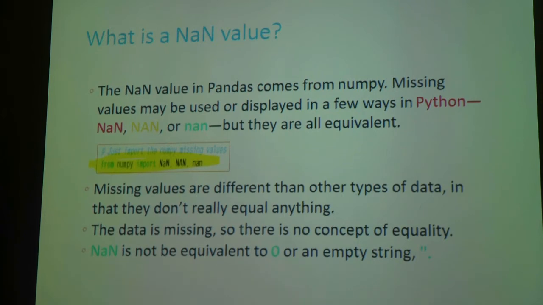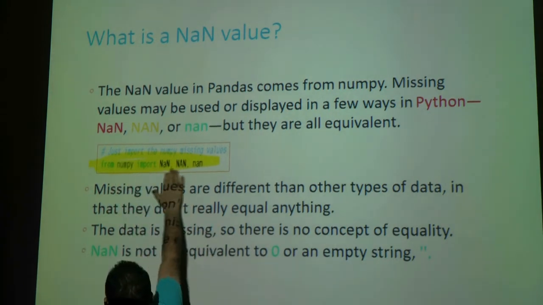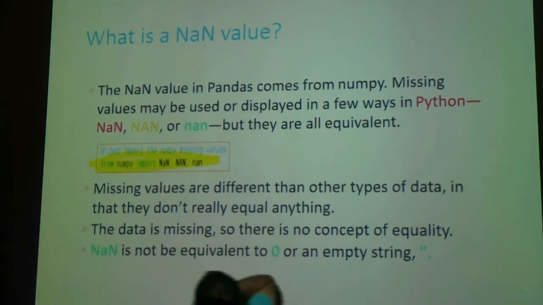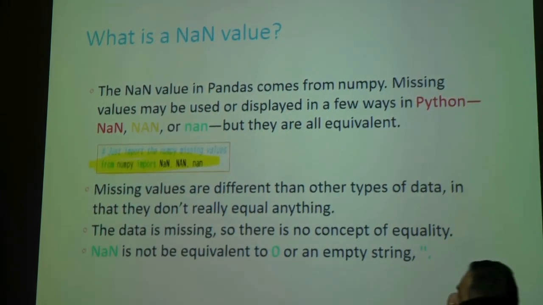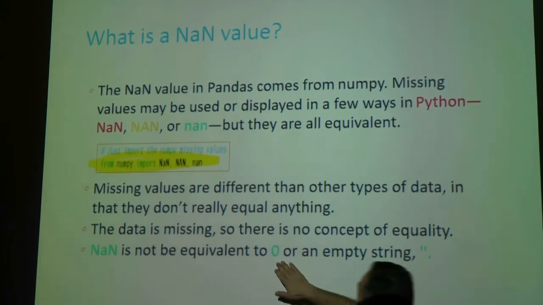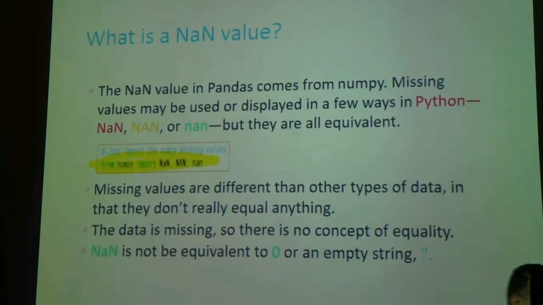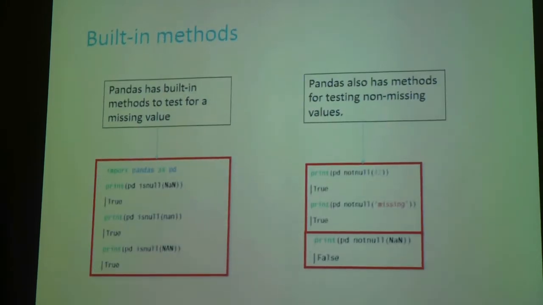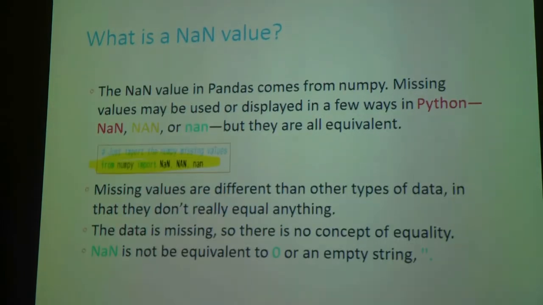If you need to assign a NaN to a value directly in the table, first of all you have to import it from NumPy. Again, it's not a zero or a string, it's a different value.